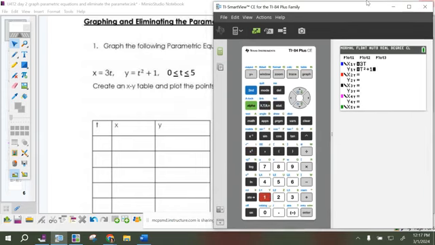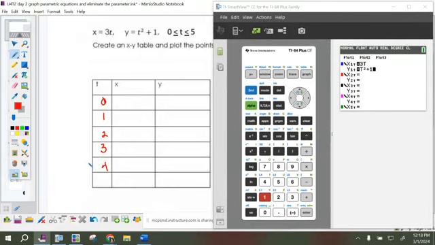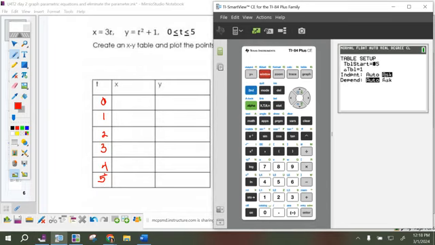And then before I keep going in my calculator, in my table here, I'm going to write down the t values this problem wants us to use. I'm going to make the calculator give me the same t values. So if I go to second window, see how my independent says ask?